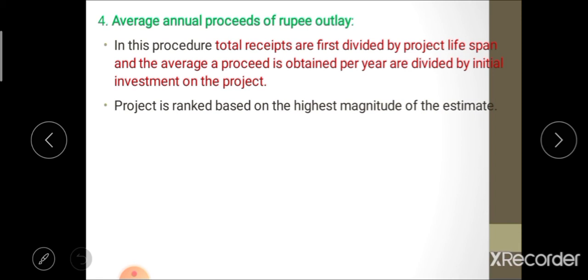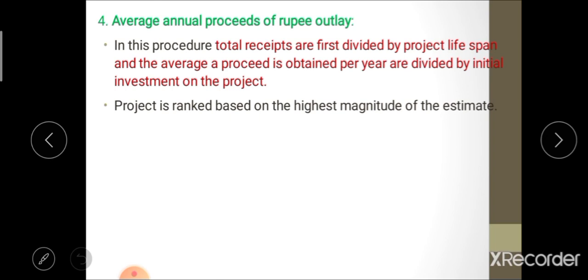This average annual proceed is again divided by initial investment, and we get average annual proceed per rupee of outlay. So the calculations are done in two steps.